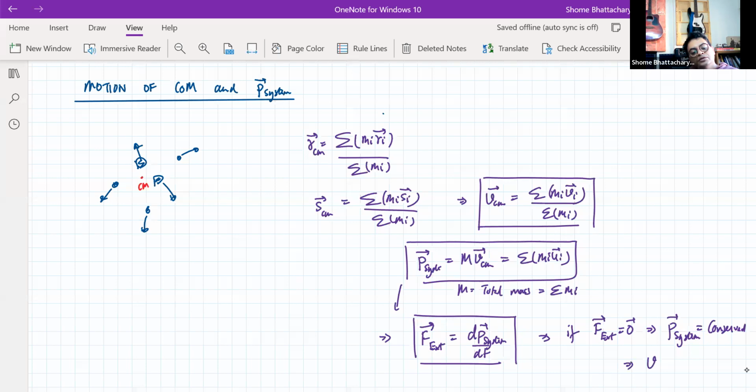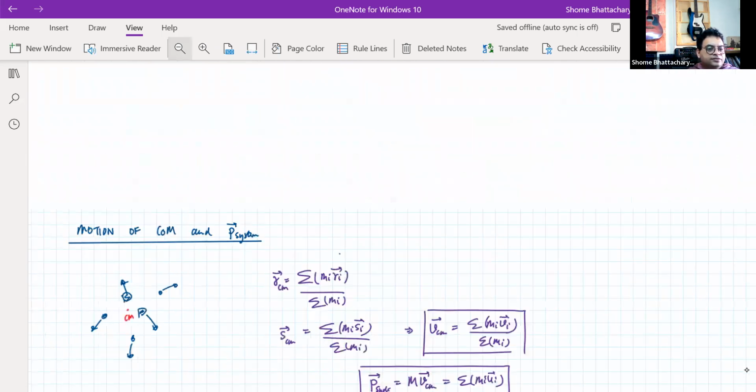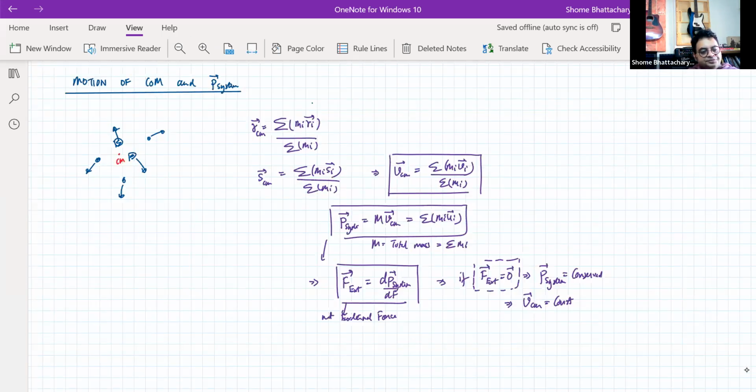So the velocity of the center of mass should remain constant if this condition is satisfied. And on the other hand, if linear momentum is not conserved, then the center of mass can also have an acceleration, which comes by differentiating this.